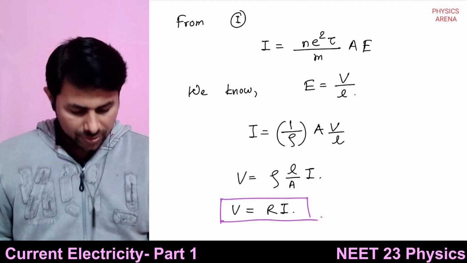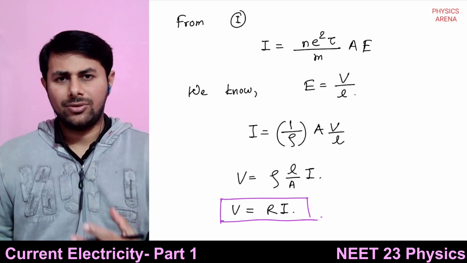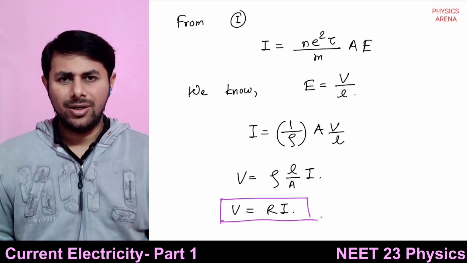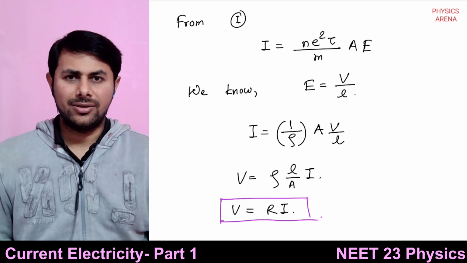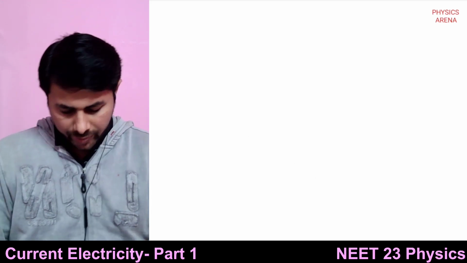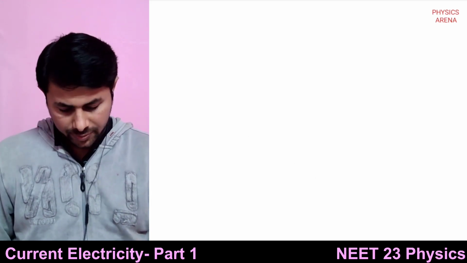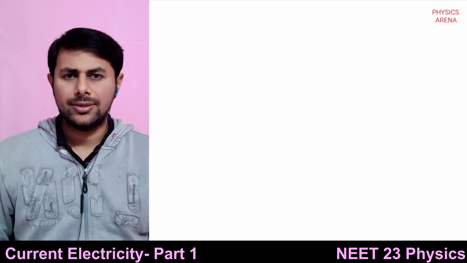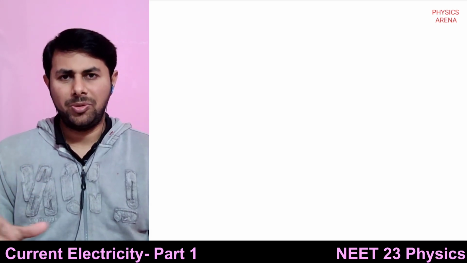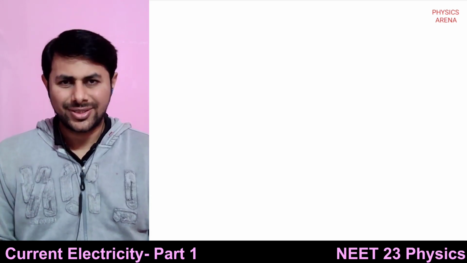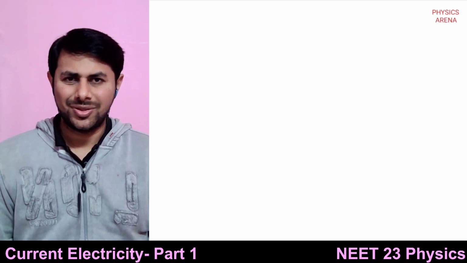So we have derived Ohm's law as Ohm stated it. V is equal to R multiplied by I. Got it? So this is Ohm's law, and Ohm's law considers that resistance of a material is a constant quantity.